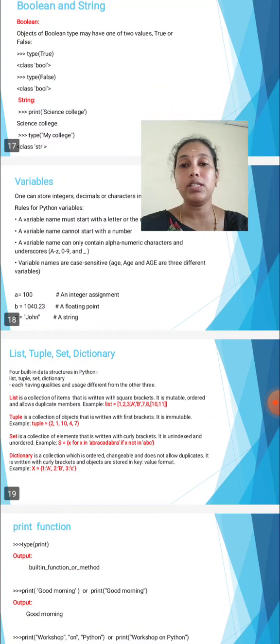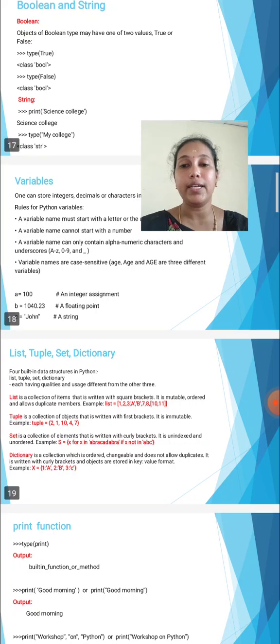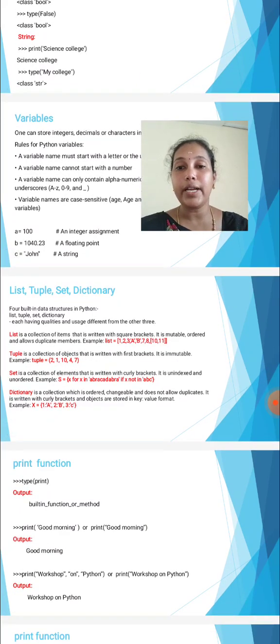The next one is list, tuple, set and dictionary. There are four built-in data structures in Python. They are list, tuple, set and dictionary. A list is a collection of items that is written with square brackets. It is mutable, ordered and allows duplicate members. The second one is tuple. It is a collection of objects that is written with round brackets and it is immutable, and this is the example for tuples.